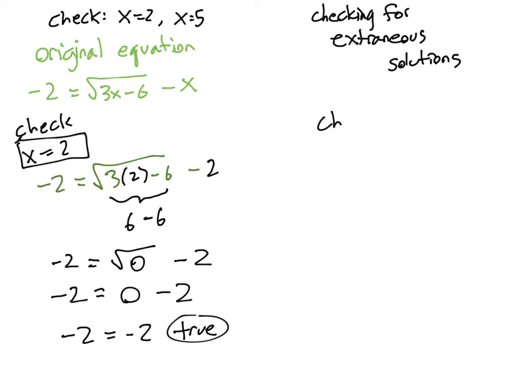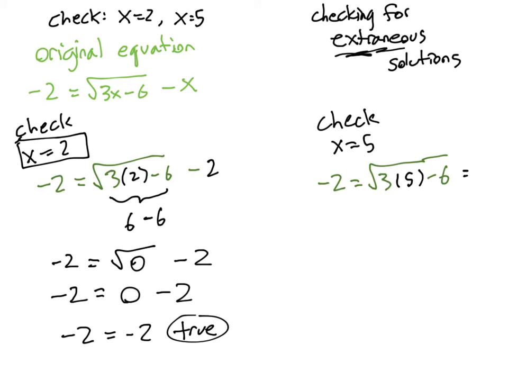Let's also check the second possibility, x equals 5, by plugging that into our original equation. And remember that the solutions that don't work when we plug them into the original equation, if we got something that was not true, like if we had something like 5 equals 8 instead of -2 equals -2, that would be called an extraneous solution.